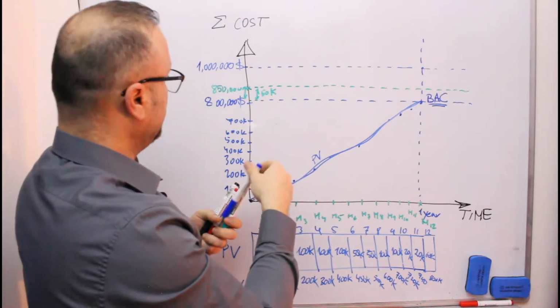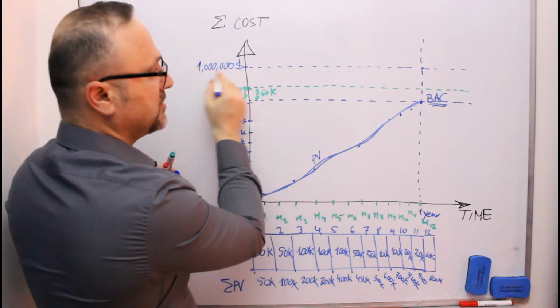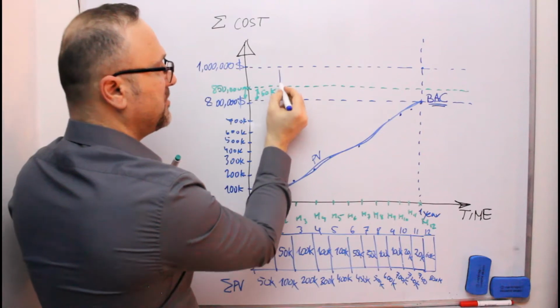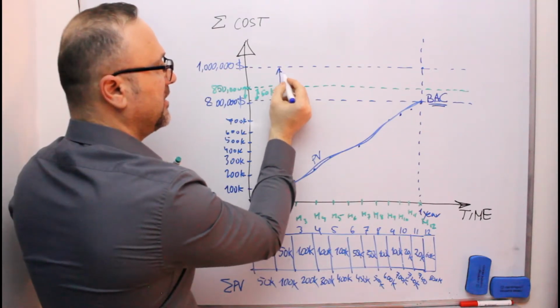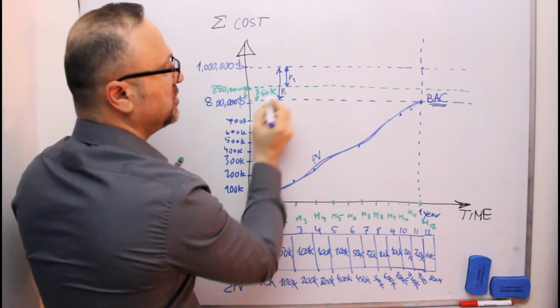And definitely if this is the management reserve, so the profit, because this is the contract value, so the profit is planned between P1 and P2.